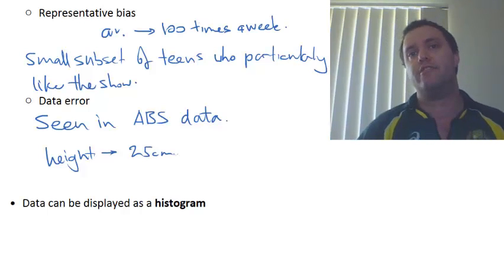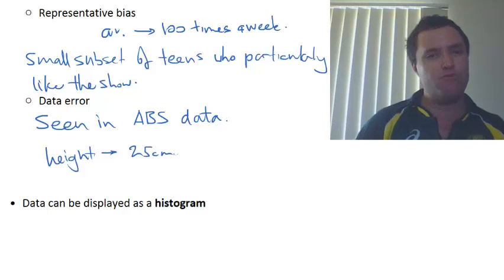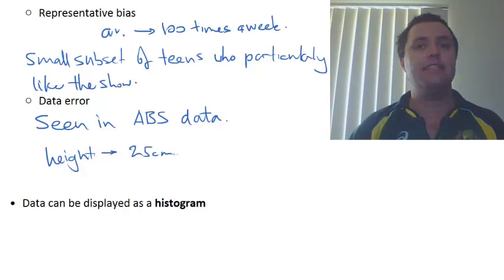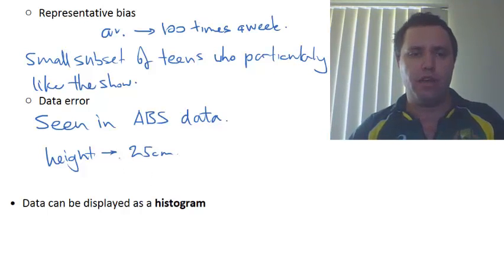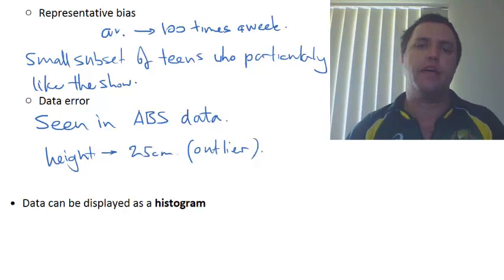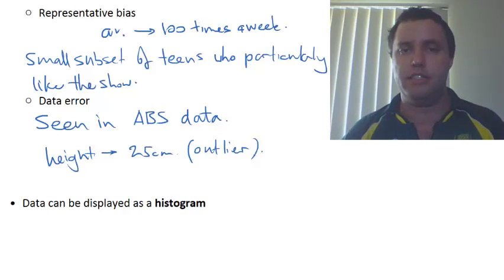I don't think there's a lot of 13-year-olds in Australia that would be 25 centimeters. So what's probably happened is that they've accidentally entered 25 rather than 125. Okay, and this creates an outlier that can affect your mean and your other statistical analysis.